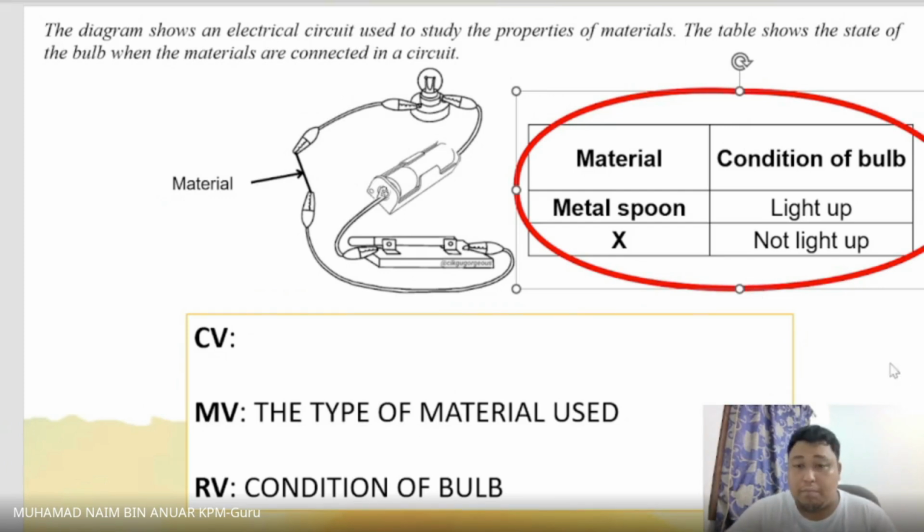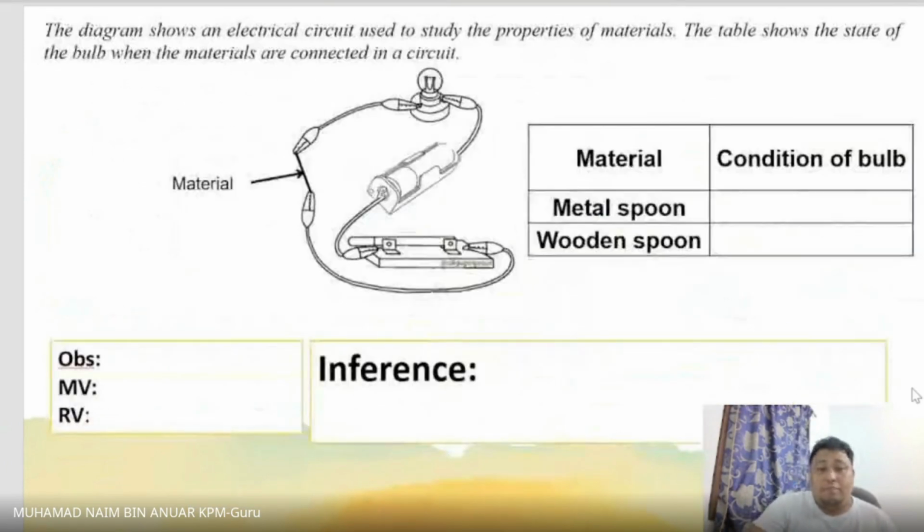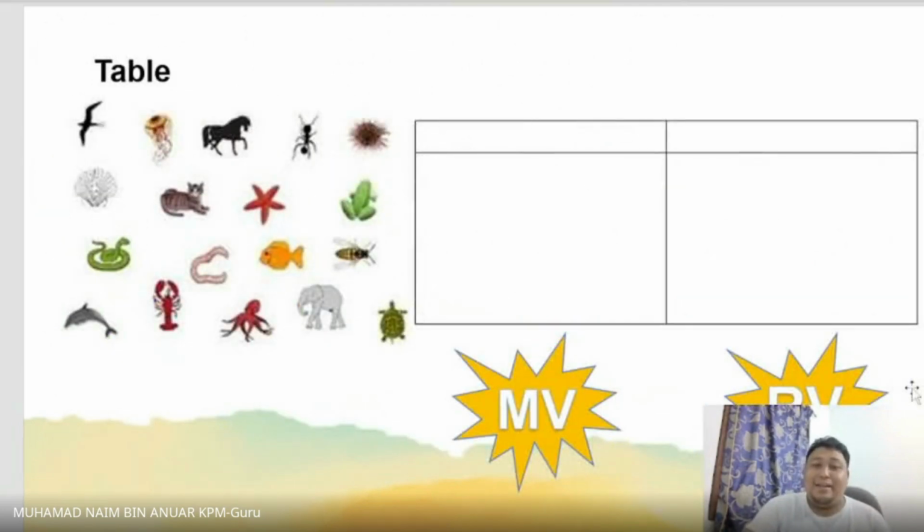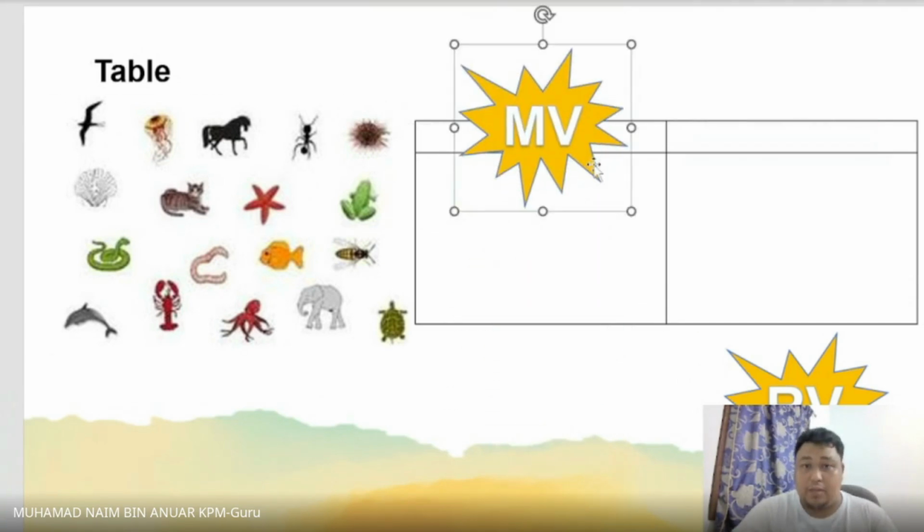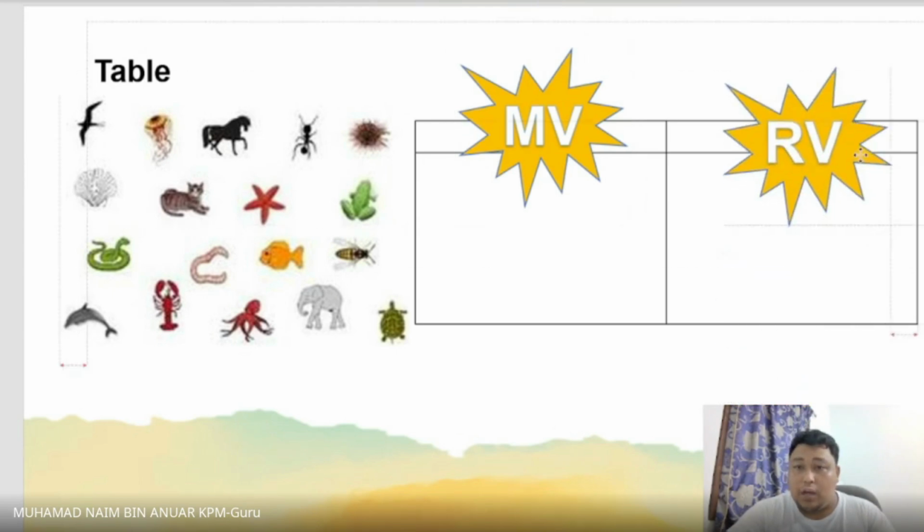We're going to skip to this slide. So to make a table in science, you must follow specific instructions. Okay, in science, for a table, on your left, you must put MV on top here in the first box, and on your right, you must put RV.